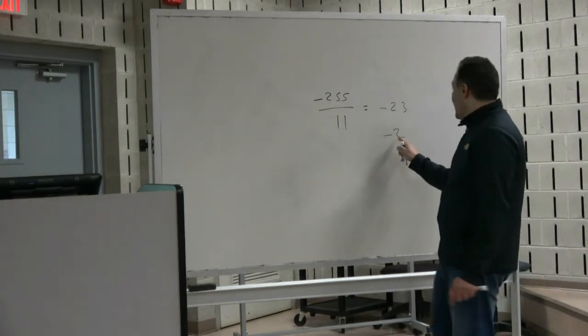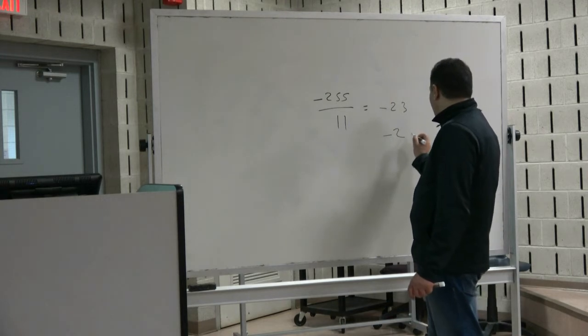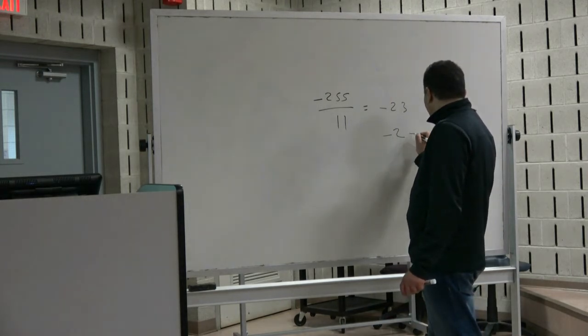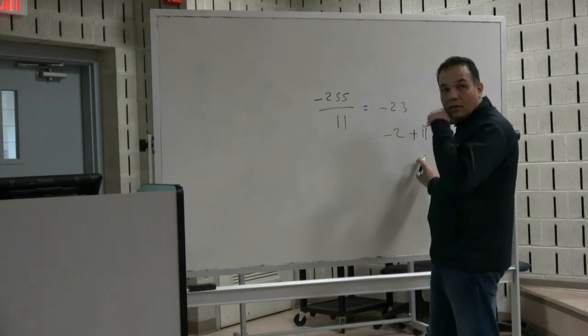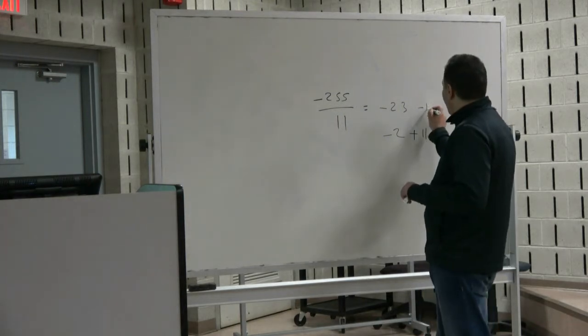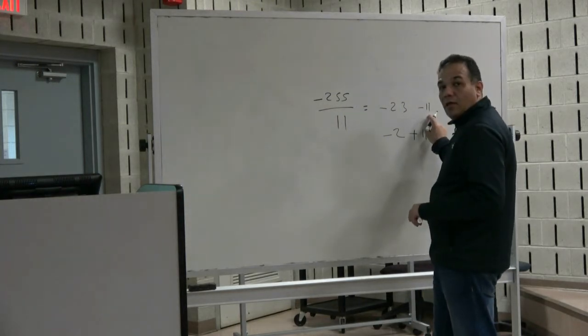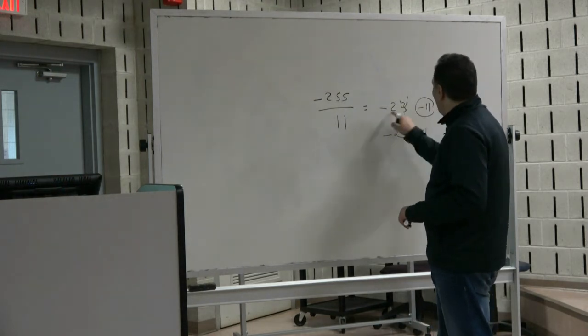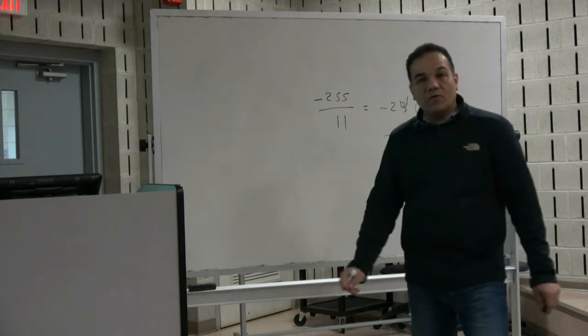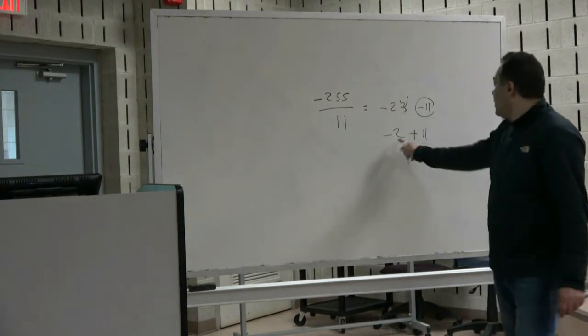So if I add 11 in here, I have to subtract 11 in here. So minus 11 equals how much? Minus 24. So in here the remainder becomes 9.